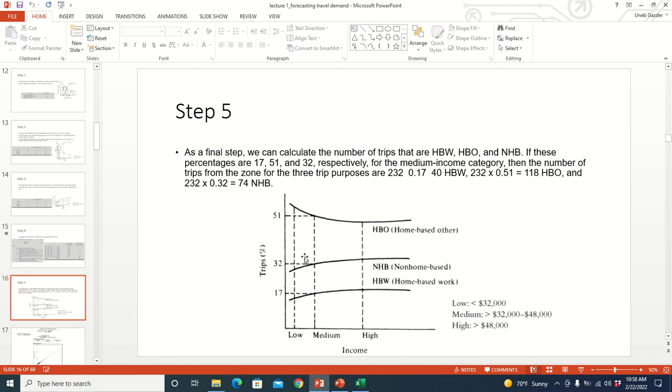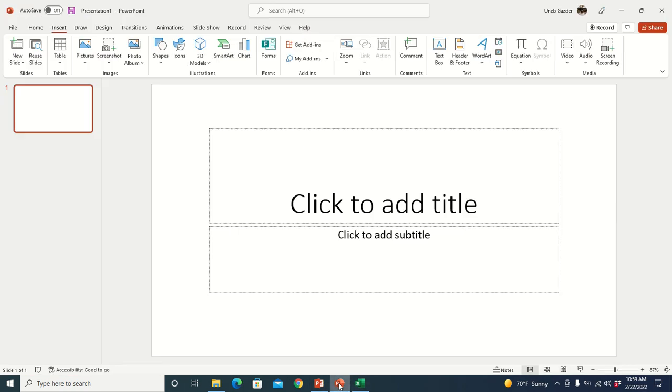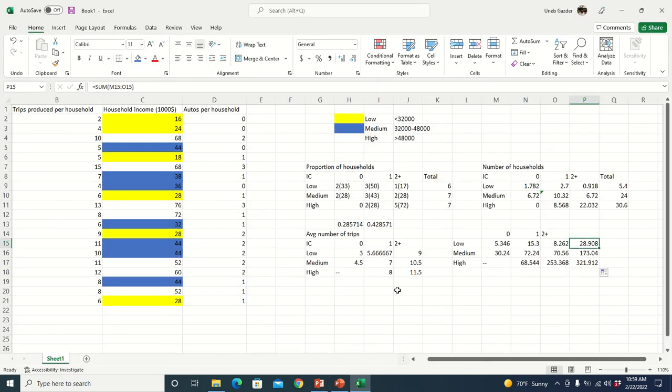You plot your own graph, then you can do this yourself, but I will just show you the number of trips for each type belonging to the medium income category, because now we can see the numbers. So 17, 32 and 51. What we need to do is prepare a matrix like this, which will be the trips by purpose, and still I will have the 3 income categories.